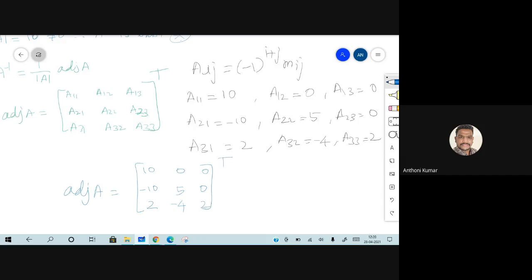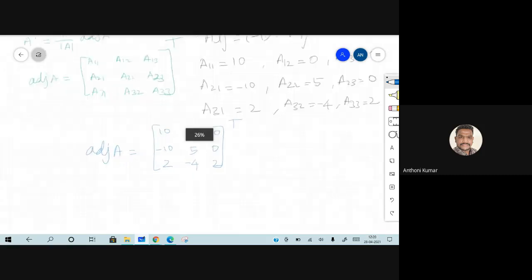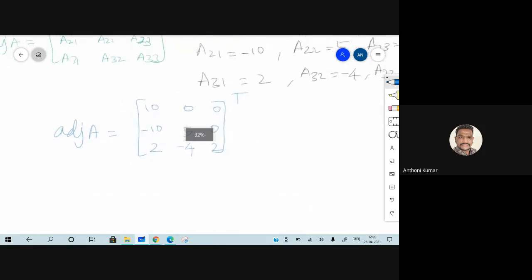Take a transpose of it. Therefore, the adjoint of A is 10, minus 10, 2, 0, 5, minus 4, 0, 0, 2.